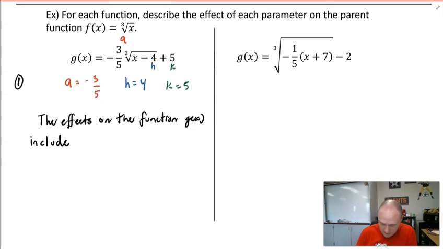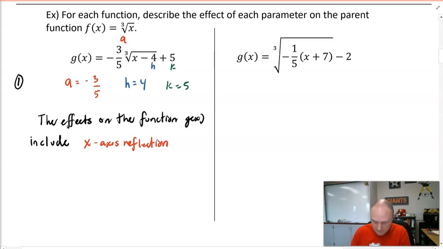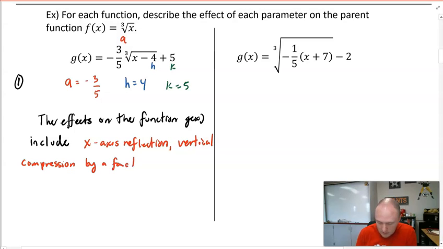So that's going to give me x axis reflection. Okay. Vertical, well, my a value is less than 1, so that's going to be a vertical compression by a factor of 3/5.